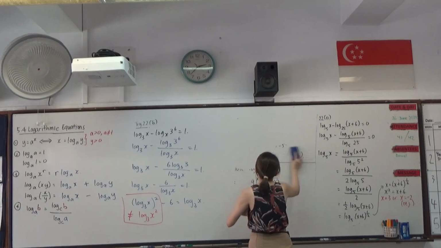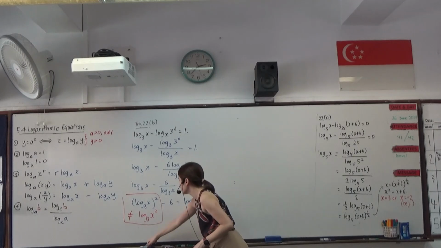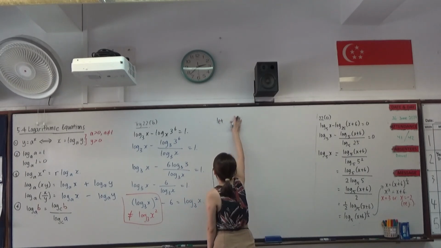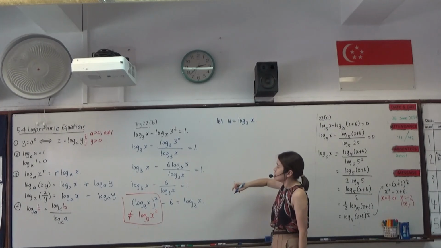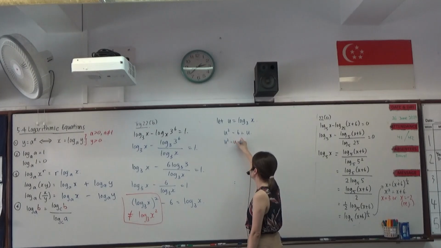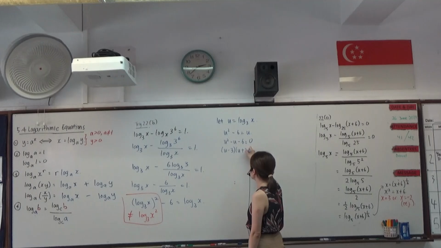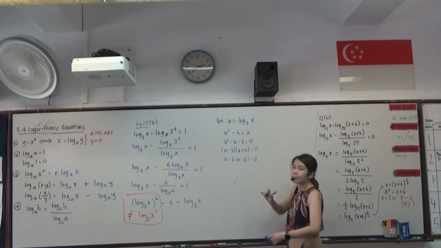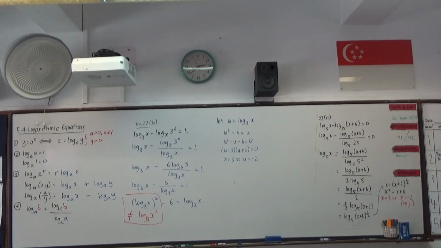And what I mean by substitution is to let u equal log x base 3. Okay? So we will have u squared minus 6 equals u. Questions at this juncture? But not forgetting that we are not trying to find out the value of u.